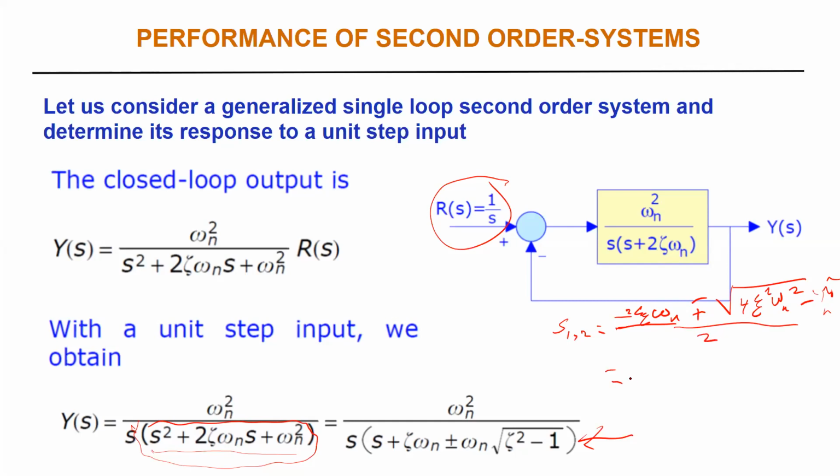So that will give you minus zeta omega n plus or minus, taking the 4 out and omega n out as well under the square root, omega n root of zeta squared minus 1. And that's basically what we have.